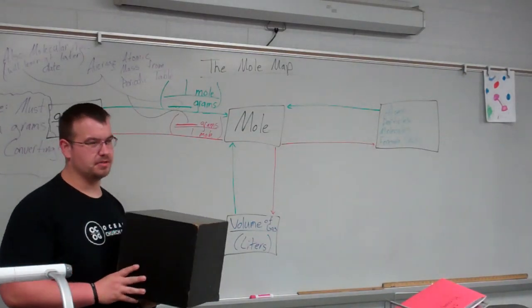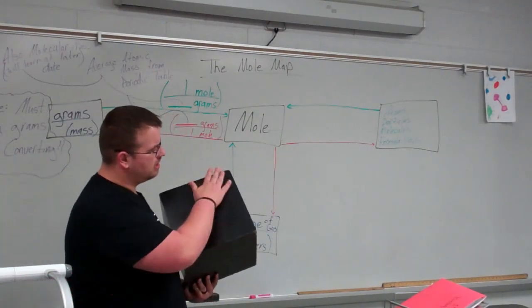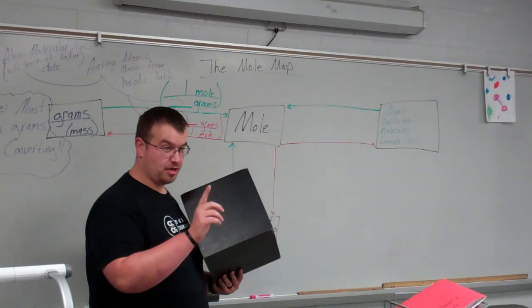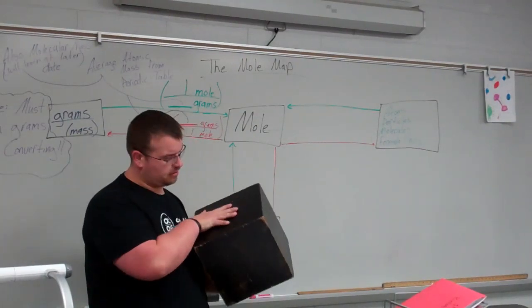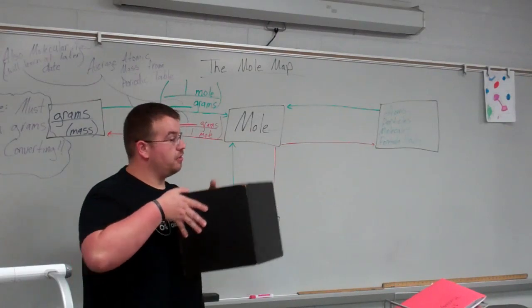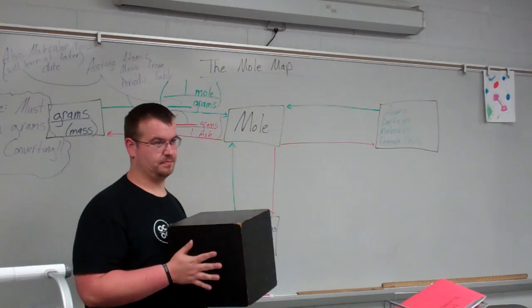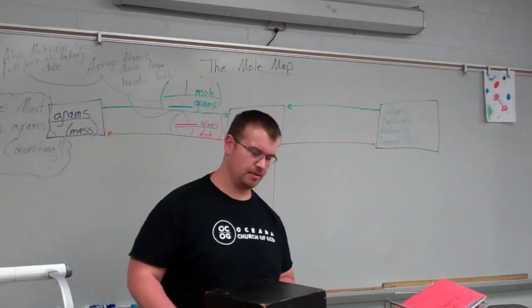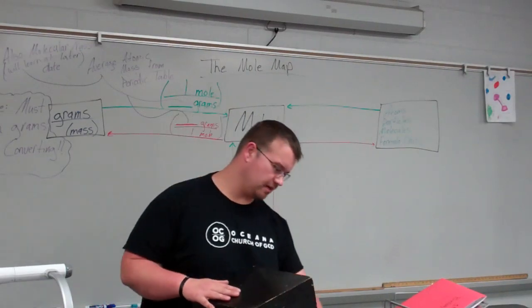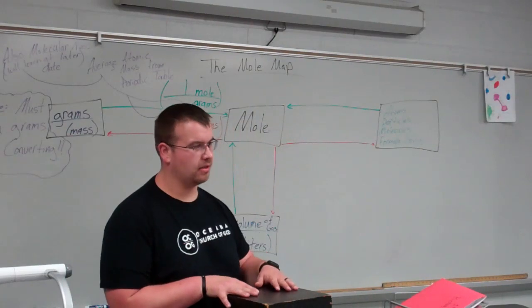Who would ever spend this much money on this box? Guess what's inside this box? Schrodinger's cat. I wish, but there's no opening, so either way, there is a mole. There's a mole of air. I know. Your life is forever altered now. You're like, oh my gosh, what did I ever do without a mole of air in a box?